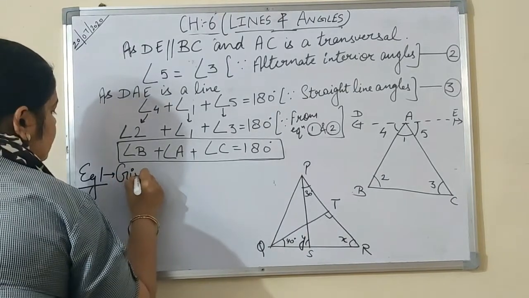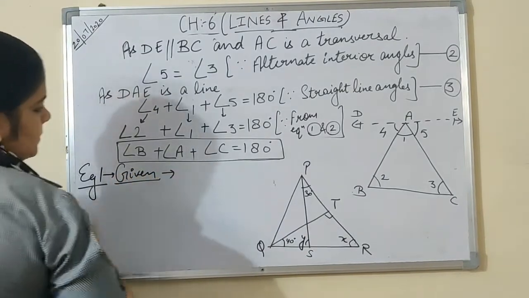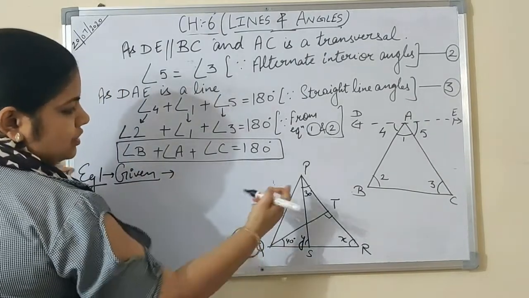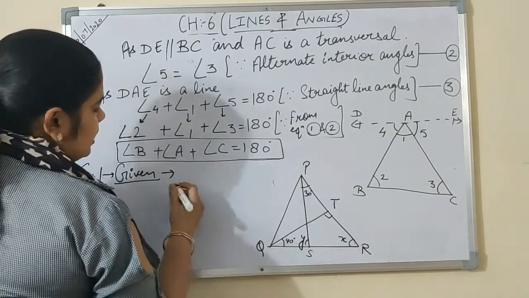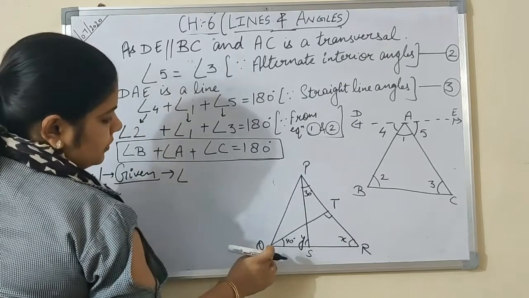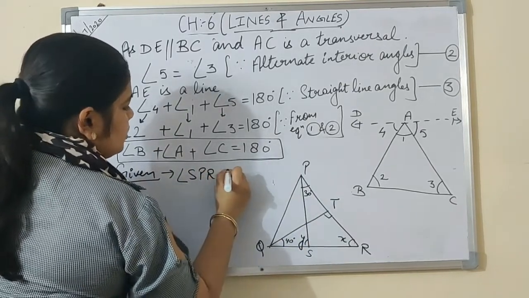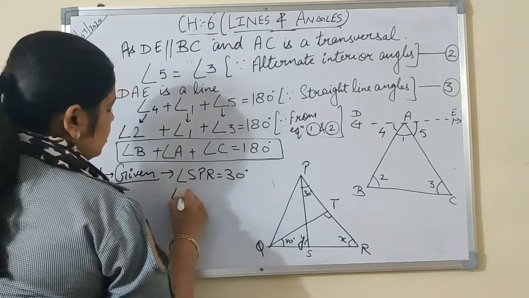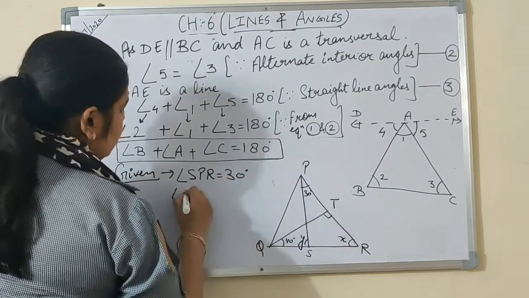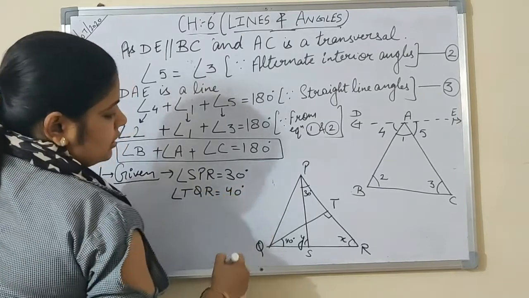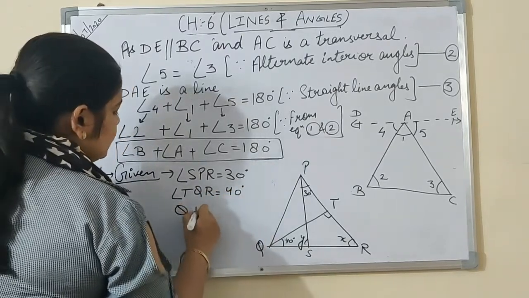First of all, what is given to us? As you can see in the figure, given is that angle SPR is equal to 30 degrees. Then angle TQR is equal to 40 degrees. Then what else is given?